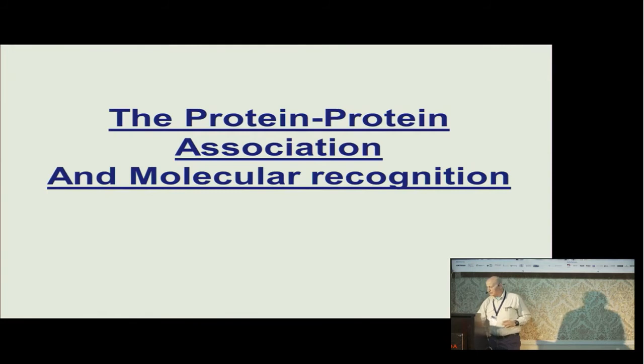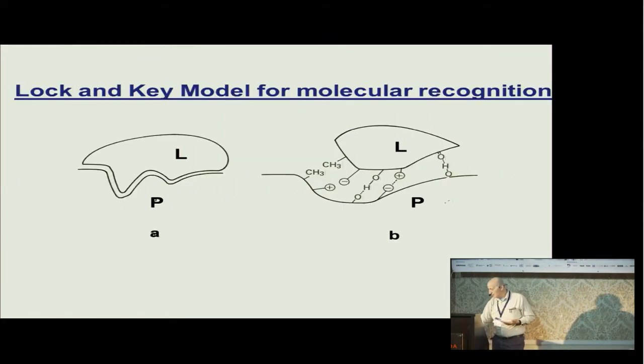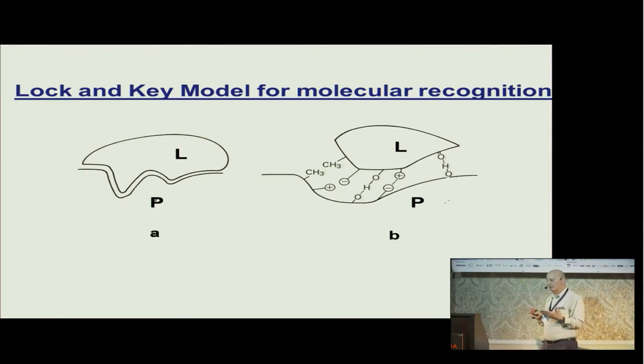Okay, the next thing I want to do is combine the discussion of protein association with molecular recognition. Now, in molecular recognition, the main problem is how a ligand finds the best place to bind, or if you have two different sites to bind, the main explanation so far is the so-called lock and key model.